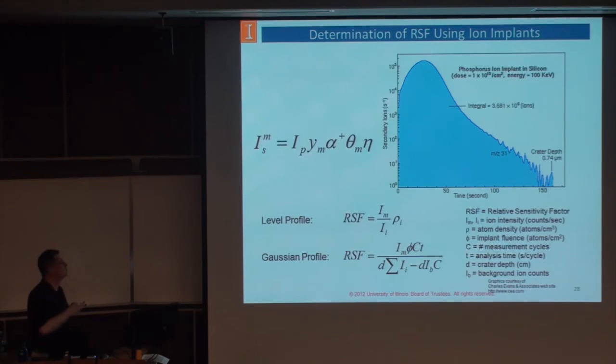If you want to do it from an ion implant, you basically have to integrate the area under the curve. Not too hard to do. The software can do it for you. And that will get you your RSF value. And then you go to your unknown and you apply the RSF value, if you're using the same conditions, to your sample.